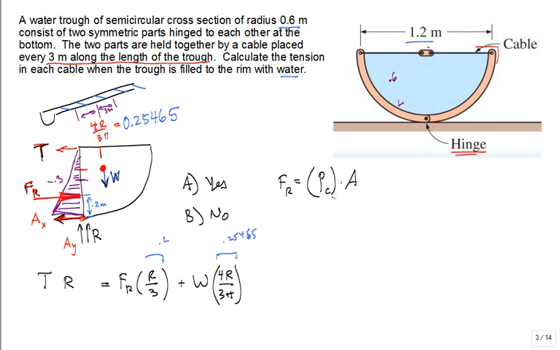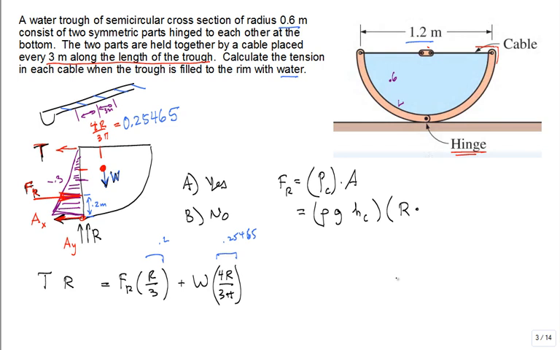And the pressure at the centroid, is that going to be the rho g h of the centroid? Sure. And this area, is that going to be R times, and now I haven't introduced a symbol for this 3 meter depth, but it's per every 3 meter depth.